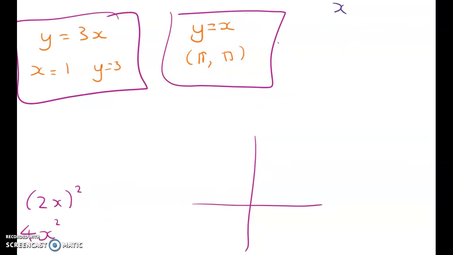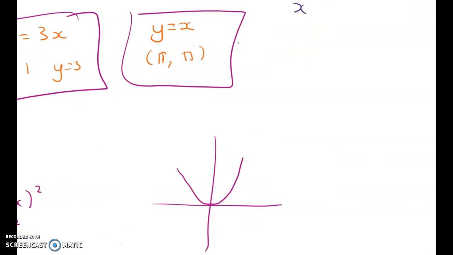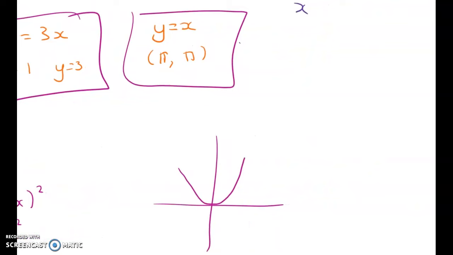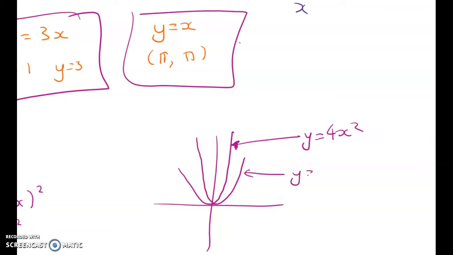If we're thinking about what happens to my basic parabola, there are two ways to think about this. But I'm going to think about this one as a horizontal stretch. But the stretch factor is a fraction, right? So this is y is equal to 4x squared, and this one is y equal to x squared.